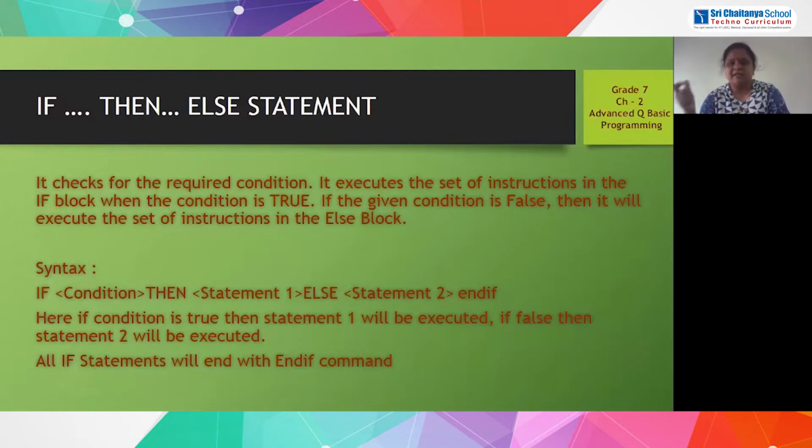In the if-then-else statement, if the condition is true, then whatever you have written in the if block, that set of statements will be executed. And if it is false, then whatever statements you have written in the else block, those instructions will be executed. Okay, you can see the syntax on the screen.